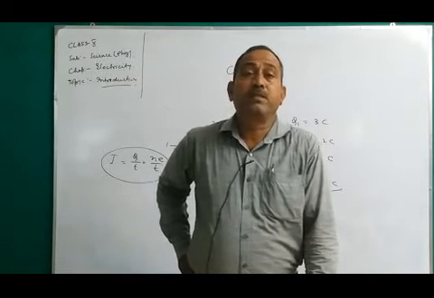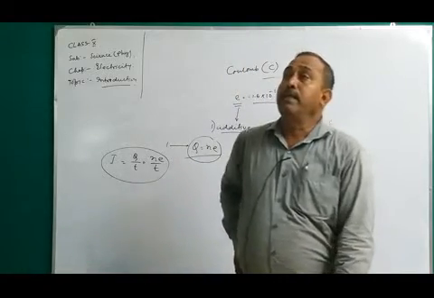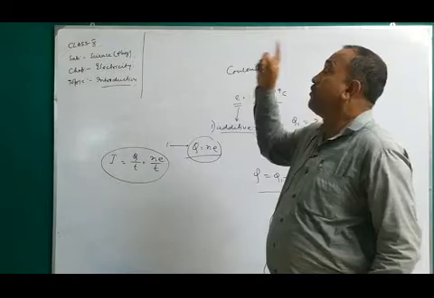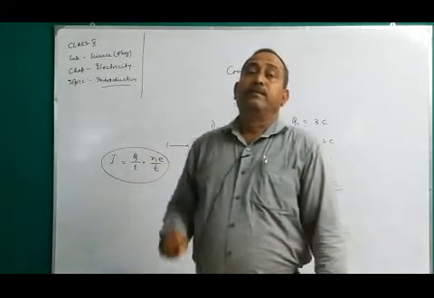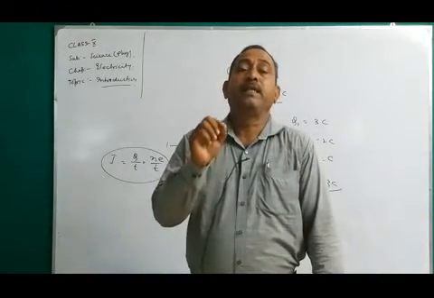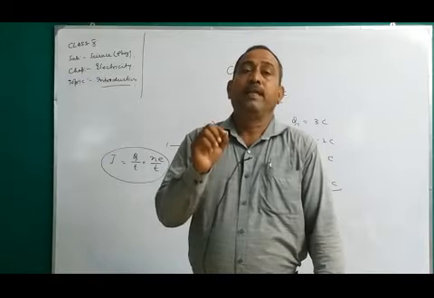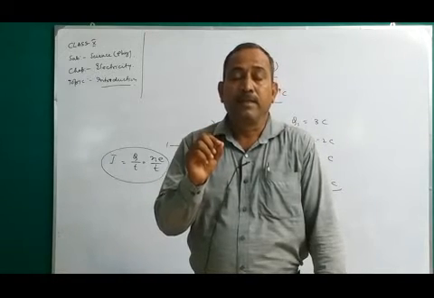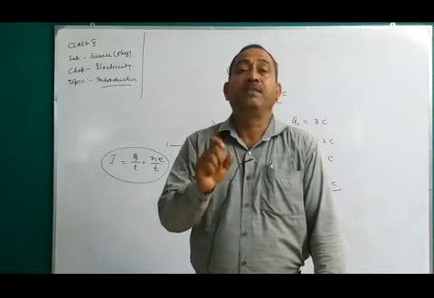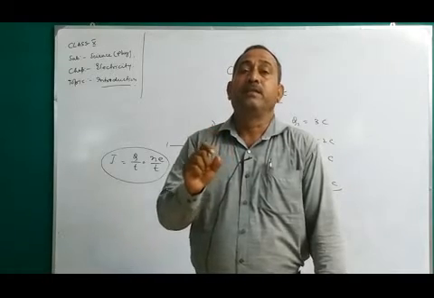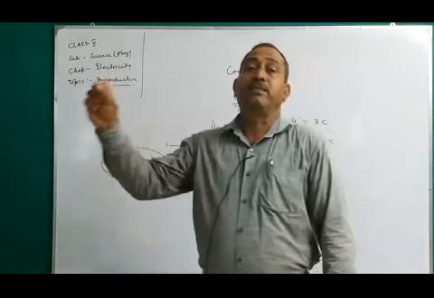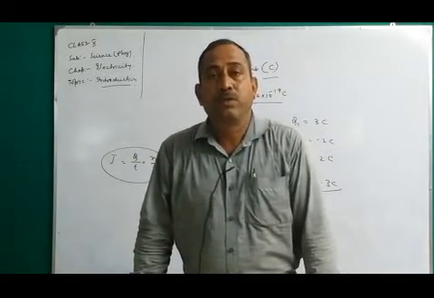So you must be careful about it. In current electricity the charge particle does not itself travel through the conductor. The charge particle, that means the electron, is the medium that helps carry the electric energy through the conductor from here to there by an external force. Am I clear?